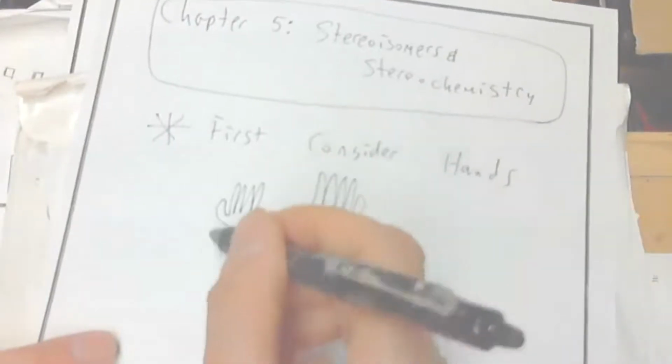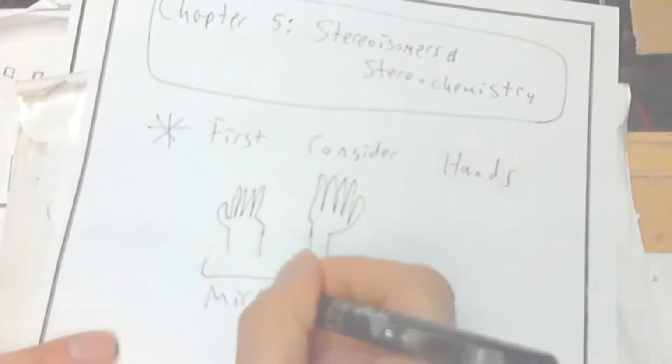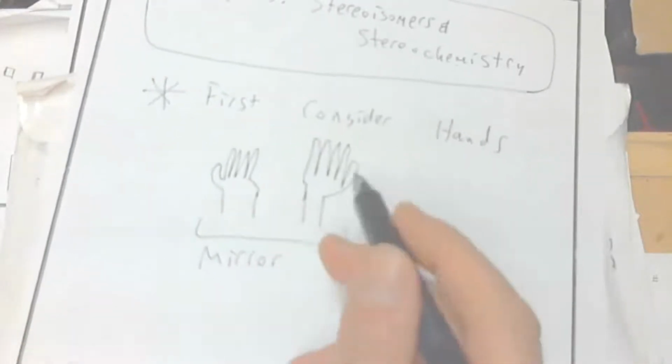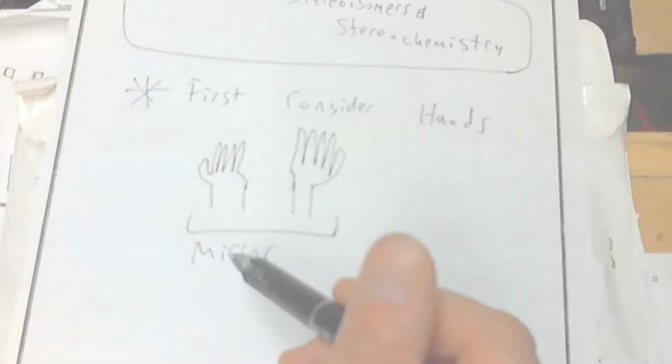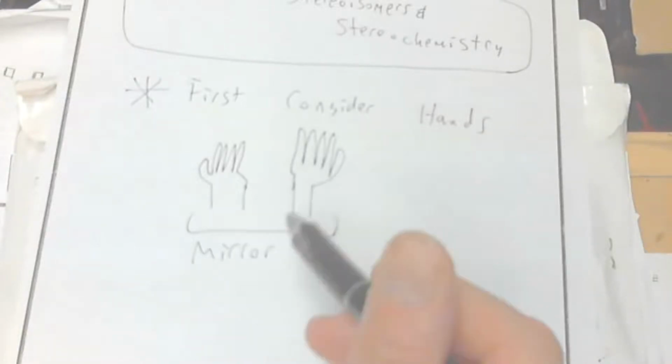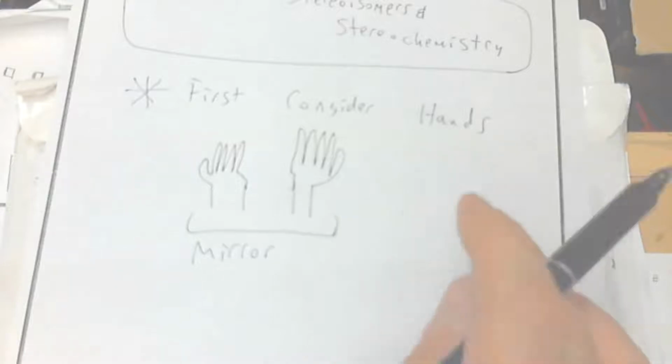We're going to see the same thing with molecules, that relationship of mirror images. You've probably heard little bits of stereochemistry earlier in your chemistry courses, but this will be a more detailed treatment.